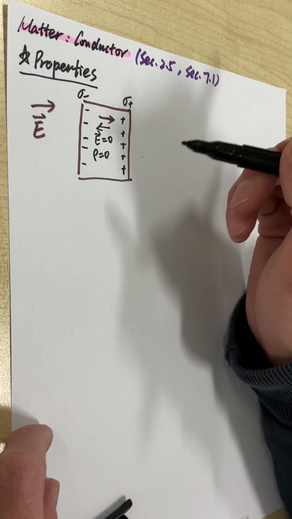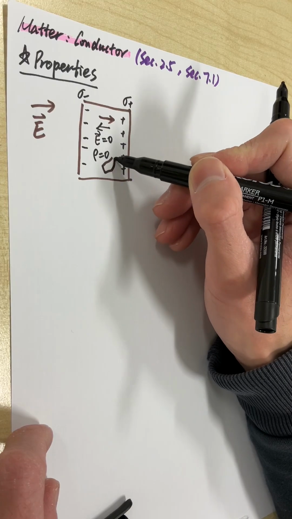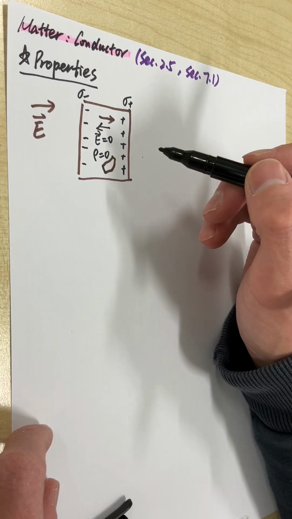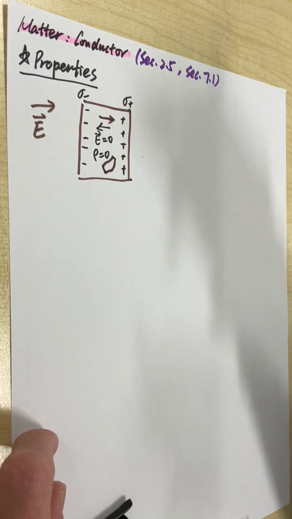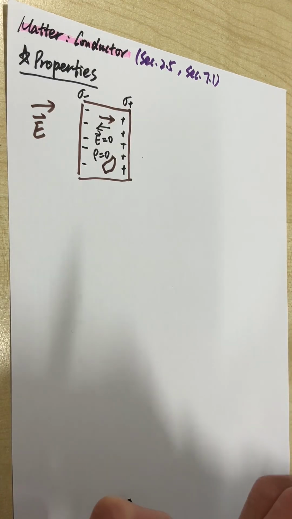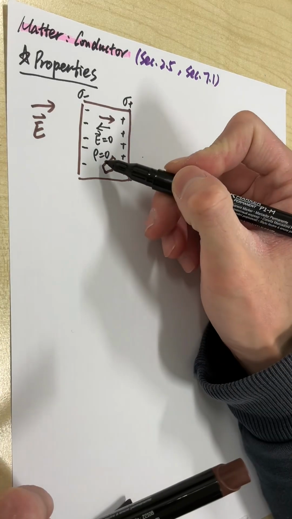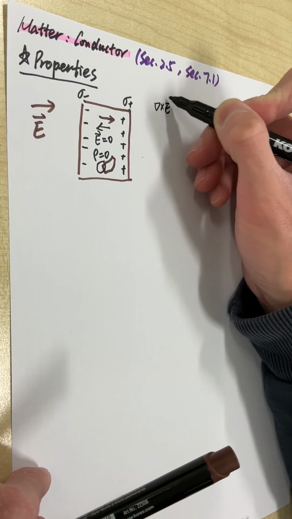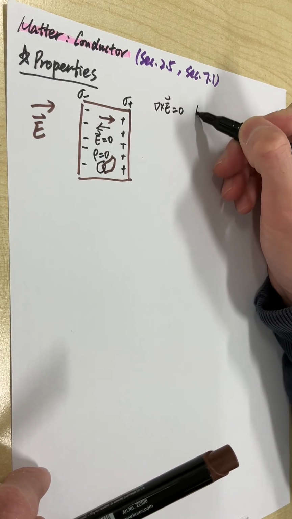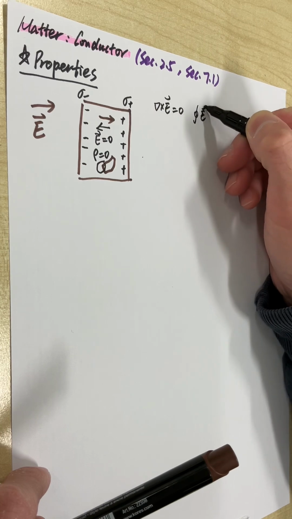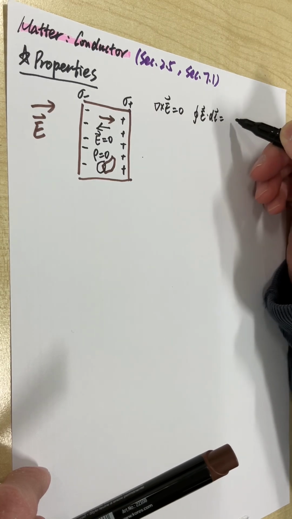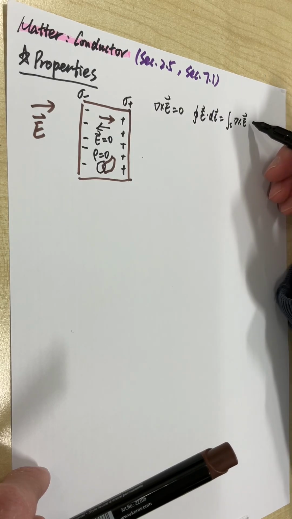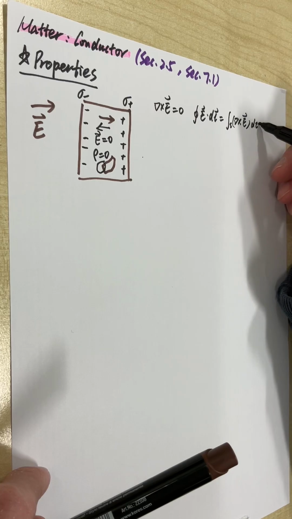Another thing is, if you have a cavity here, so there's free space inside of this cavity, there will still be no electric field, because if you draw any loop inside of the conductor, we know the curl of E equals 0. So the closed loop integral equals the surface integral of curl of E dA.